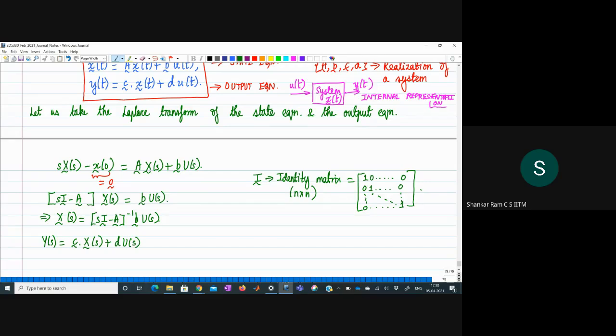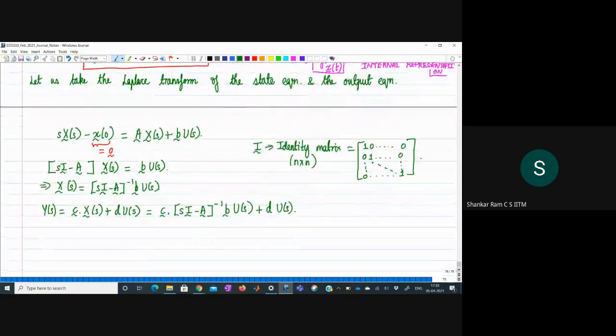So we get C X(s) plus D U(s). Substituting for X(s), we have C (sI minus A) inverse B U(s) plus D U(s).